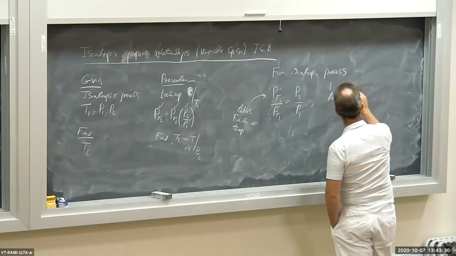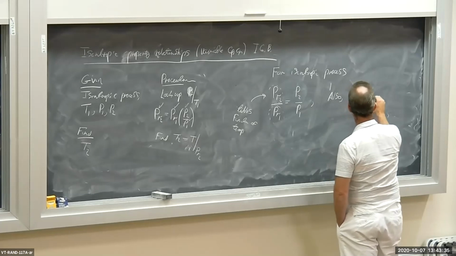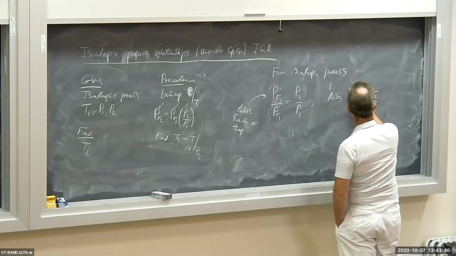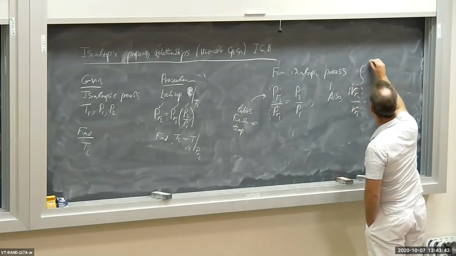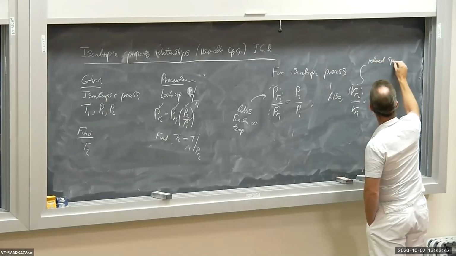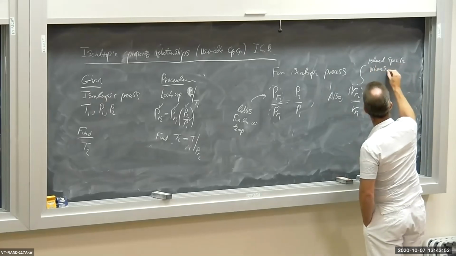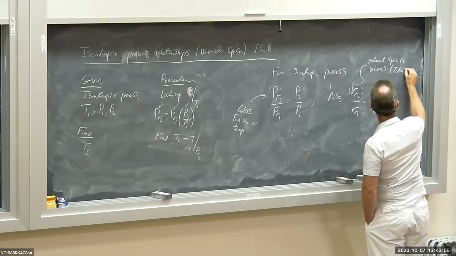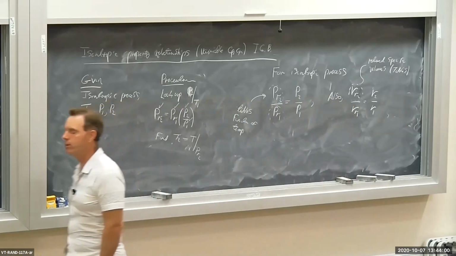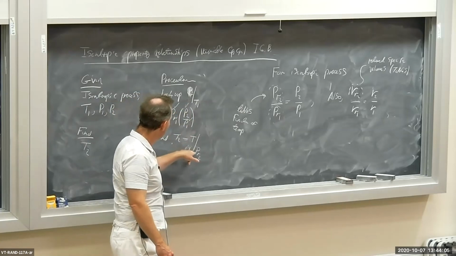So also V reduced 2 over V reduced 1 is equal to V2 over V1, where these are reduced, actually specific volumes, and they're from tables. You could do the same procedure here if you had the volume ratio and an initial temperature, and instead you would be looking up reduced volumes instead of reduced pressures.